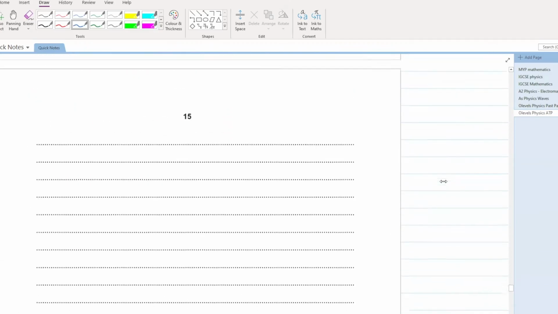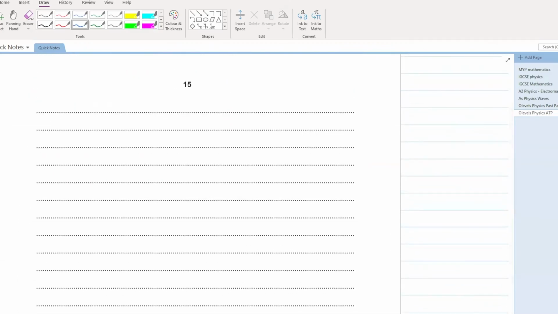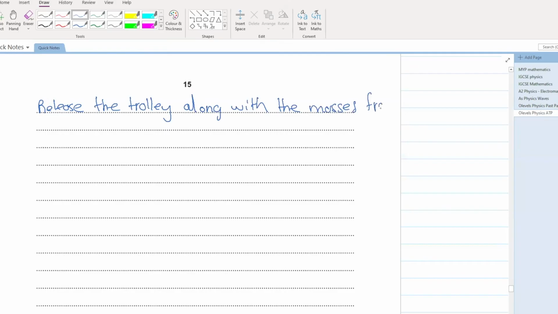So let's start writing this. You can start by saying, release the trolley along with the masses from a specific point.